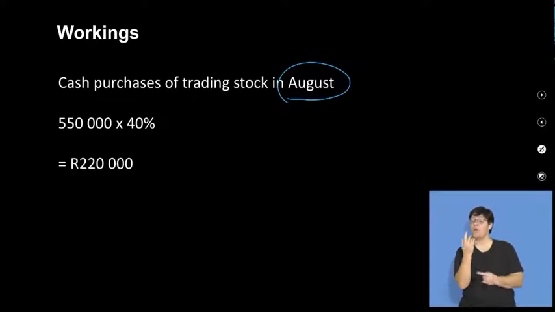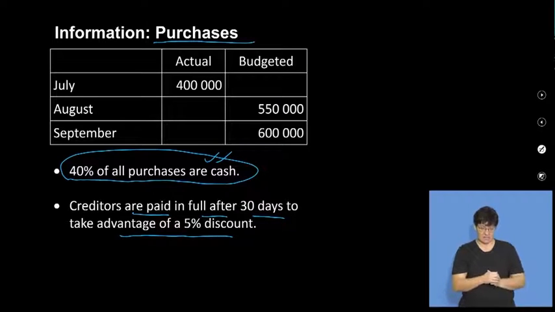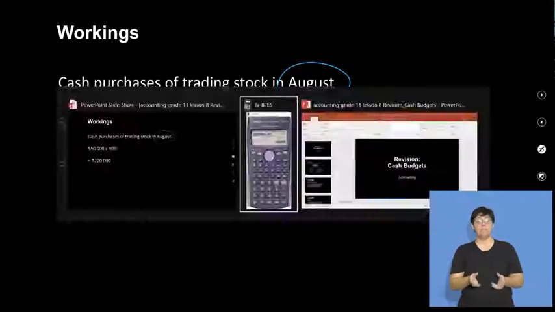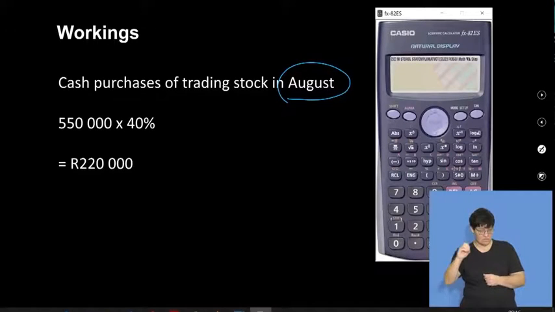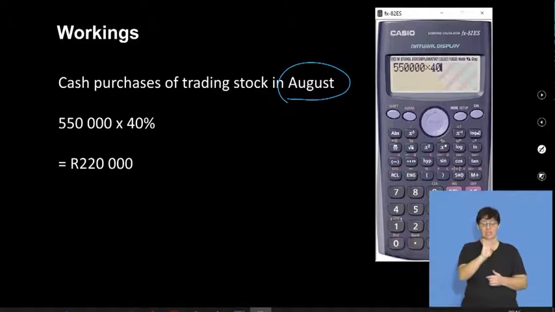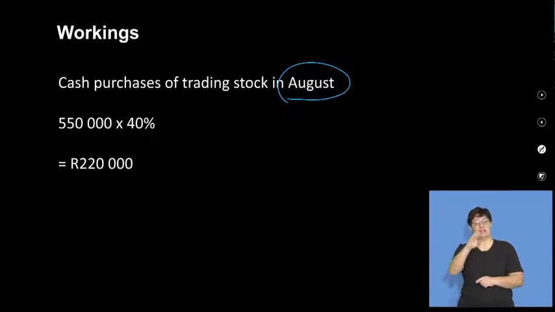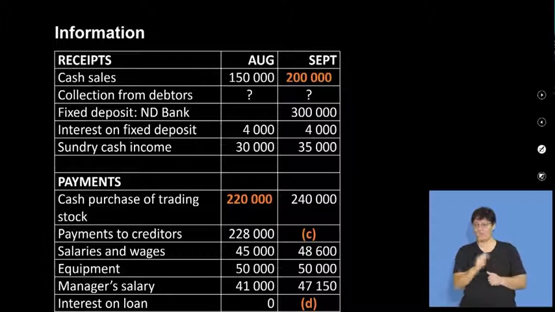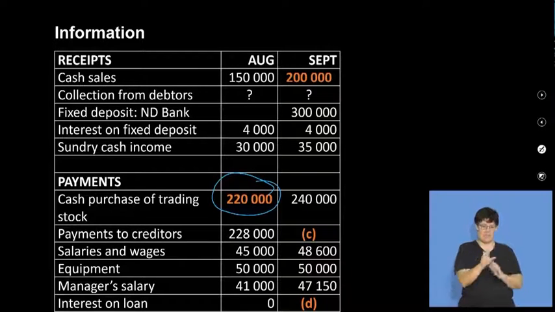So the first thing you do is determine your August figure for purchases, which is 550,000. Very simple, 550,000 is your total purchases. You want cash purchases, which is 40% of that figure, and there you go, 220,000 is your cash purchases for that month. Let's look at our cash budget. Here we go, 220,000 as a payment. We slot it in. There's my 220,000, which is my cash purchases of trading stock.